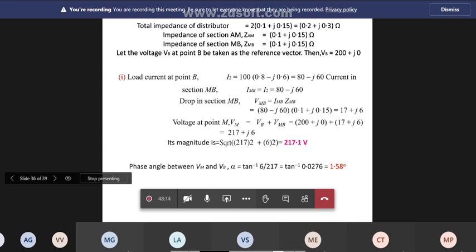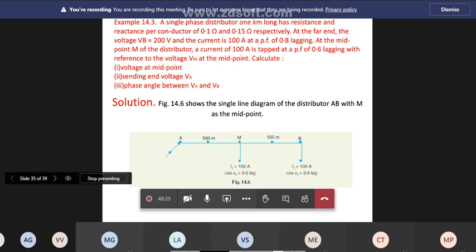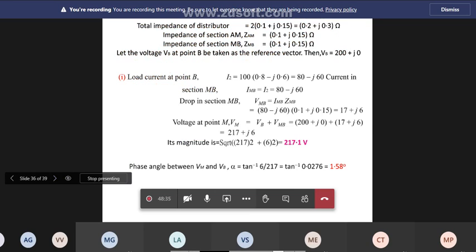Now voltage at point M, VM. They are asking the first question, voltage at M. Look at the figure once again: voltage at M is nothing but this drop VMB plus VB. VB is already given as 200, and VMB is 17 plus j6.